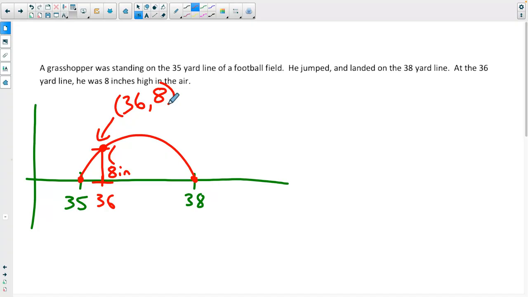Now I'm going to throw one other thing out there. So I wrote 35 and 38 down, and that follows the information that we were given. However, we can also write these as points. And so I would write this as 35, 0, and I would write this one as 38, 0. That tells us what form we're going to use. So what form are we going to use?